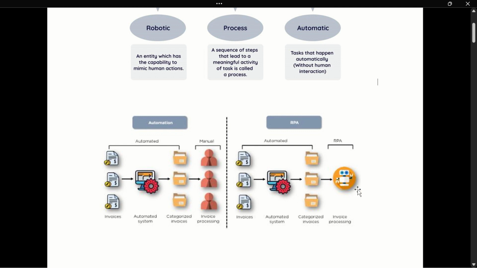Whereas RPA is a kind of robot. Whatever actions humans perform, the same actions are performed by the robot in a single action. Once we receive any kind of product, this robot will take care of sending the invoices to any kind of users. I hope you got it.